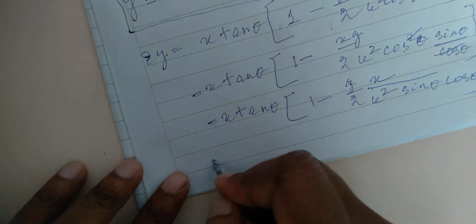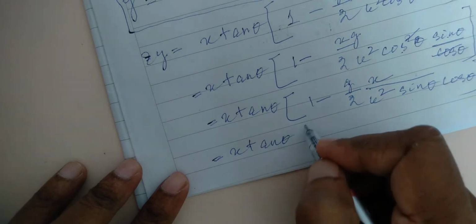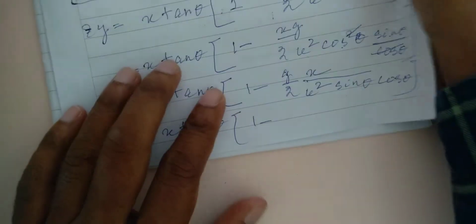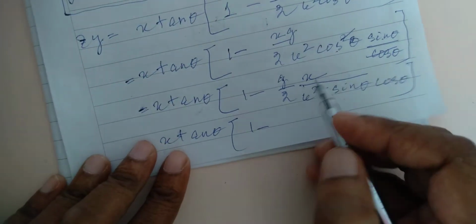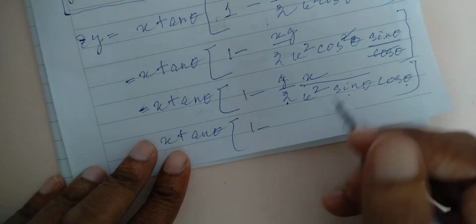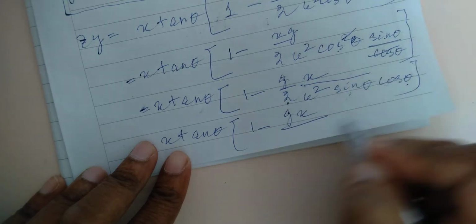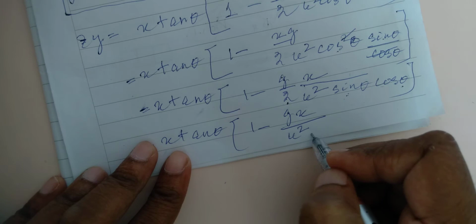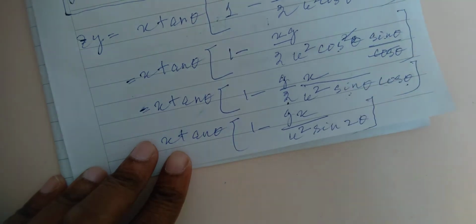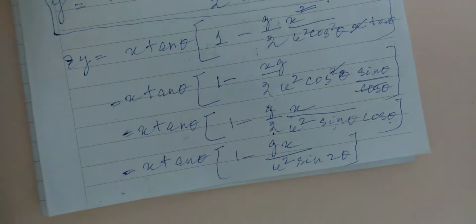Now 2 sin theta cos theta is nothing but sin 2 theta, so it will be u square sin 2 theta.